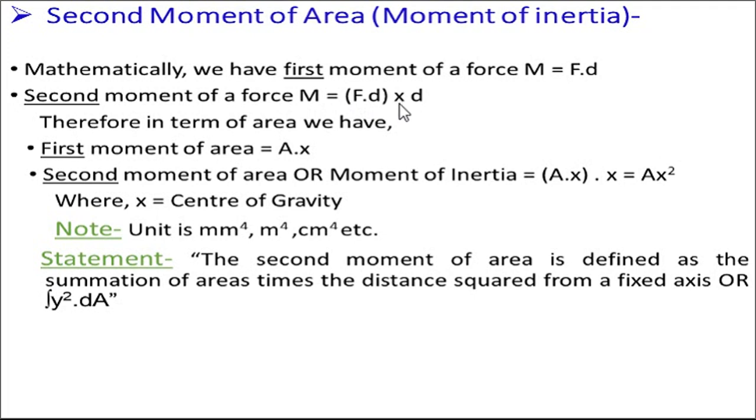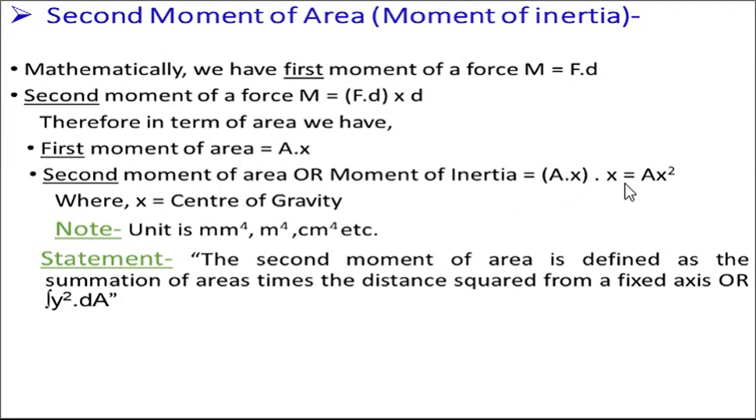So that is the case for the first moment and second moment of force. If you want to determine the moment of area, the same principle is applied. In terms of area, the first moment of area means area into the distance of the center of gravity, x. So first moment of area is a into x, and the second moment of area or moment of inertia, again you have to multiply by that x, the distance from the center of gravity.